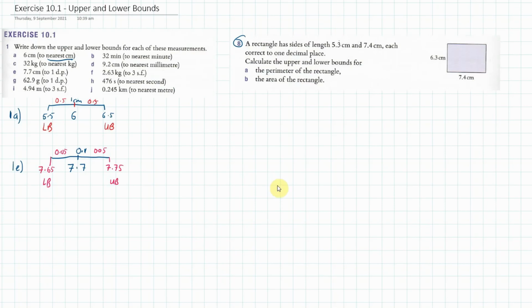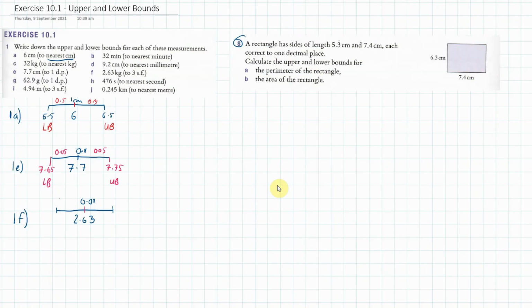Let me do for you another example. Why don't we do number 1f. So this time we're given something to 3 significant figures. So the third significant figure is obviously that second decimal place in this particular instance. So we've got 0.01, and that means that we're going to split that 0.01 up into 2 parts.